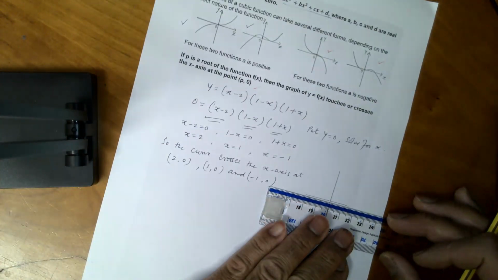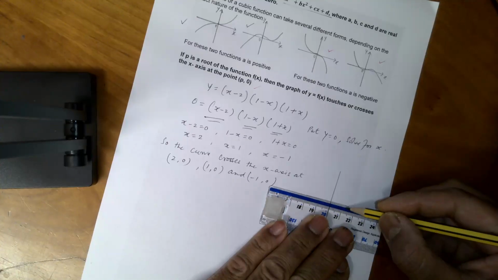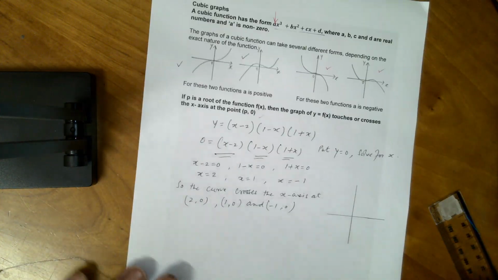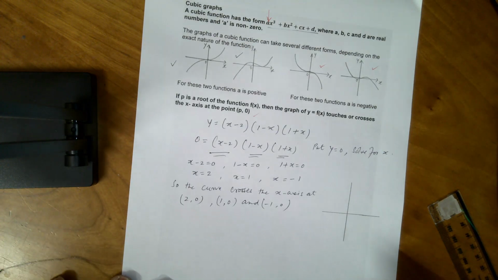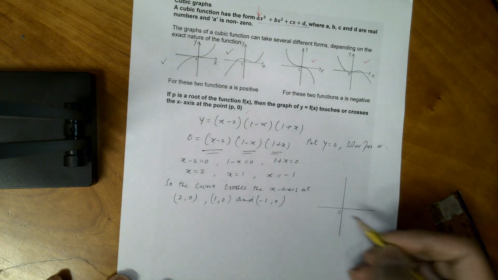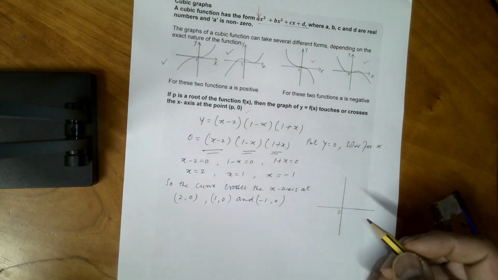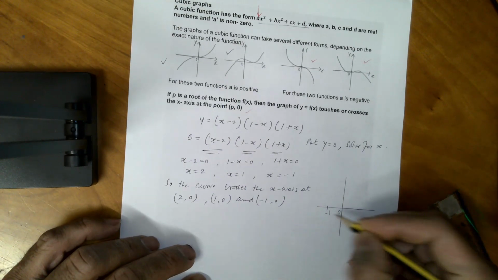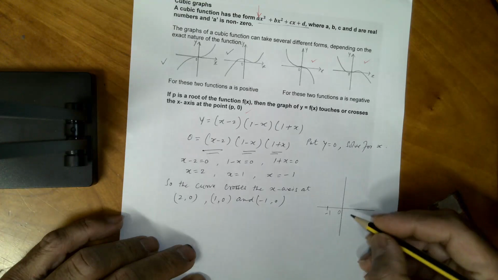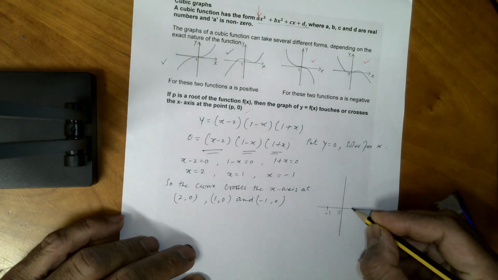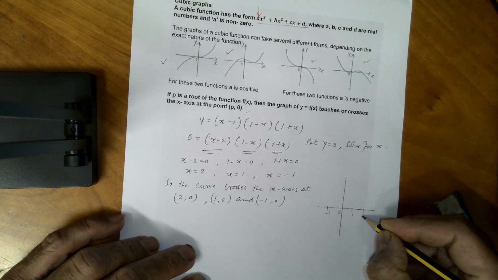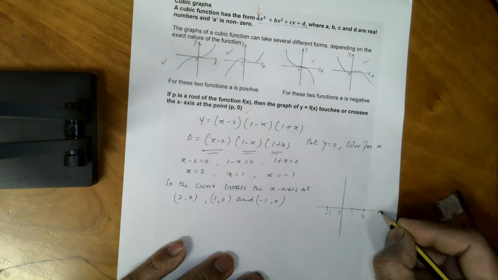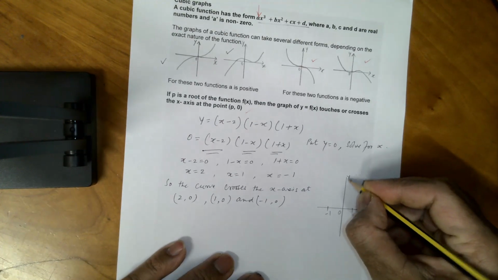So this is what you got here. Let's say that's 0. And just presume this is minus 1, and you got here 1 and 2. This is your x-axis. That's your y-axis.